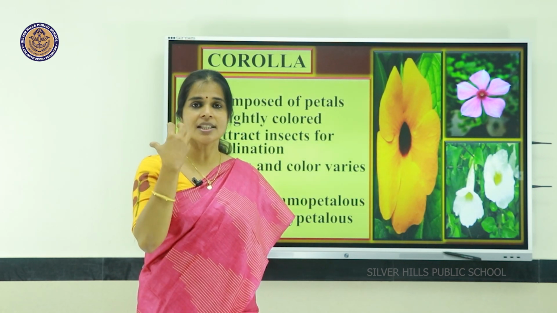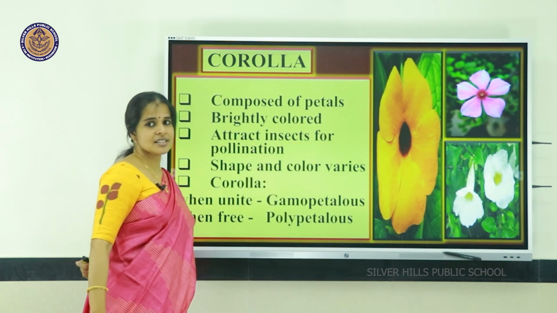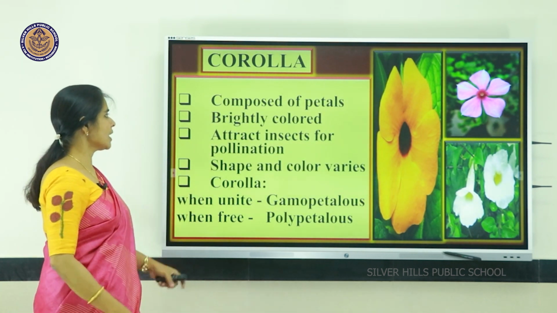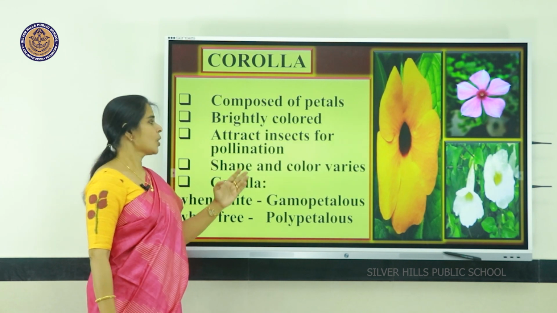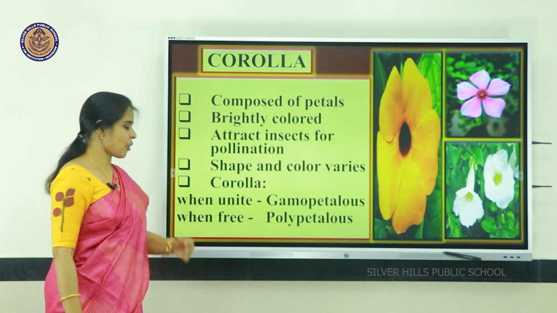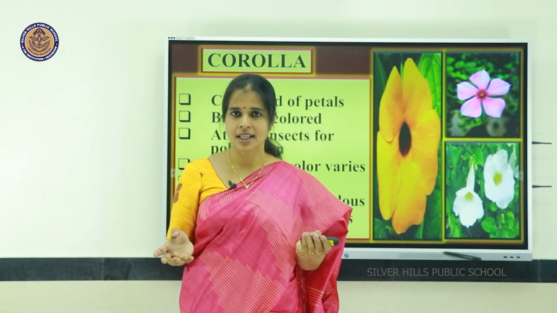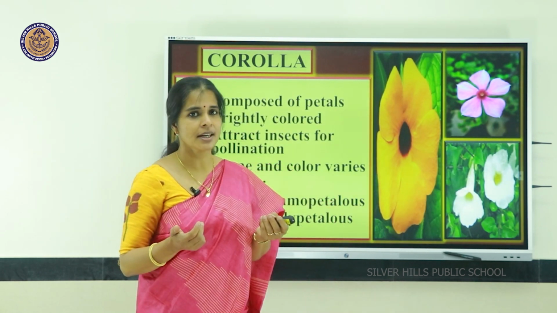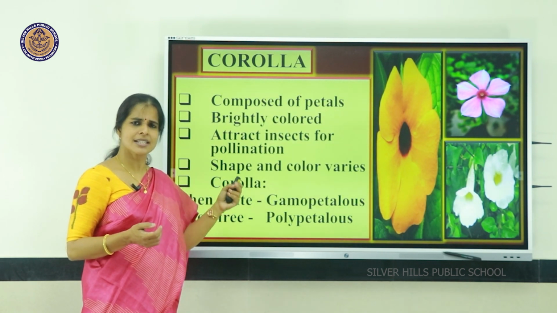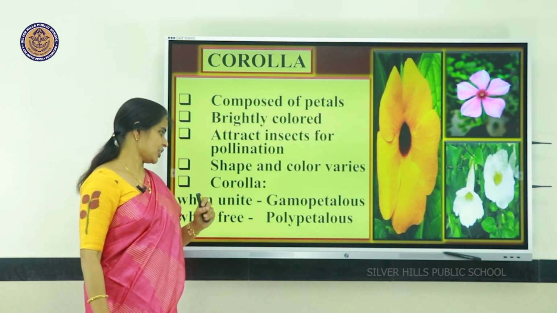The pollination is conducted by insects. To attract the insects, that is the corolla. So, corolla is petals, which are brightly colored, attracting insects for pollination. The shape and color of the petals vary, and the main function of the petal is to attract insects for pollination. Not only insects, its main purpose is to attract anyone for pollination.